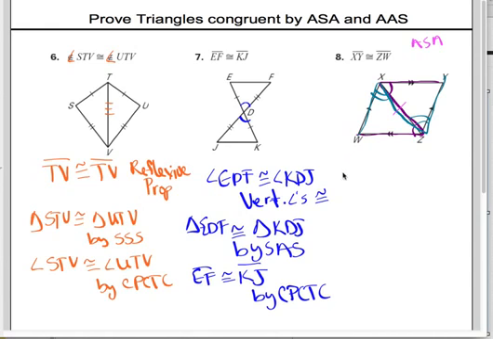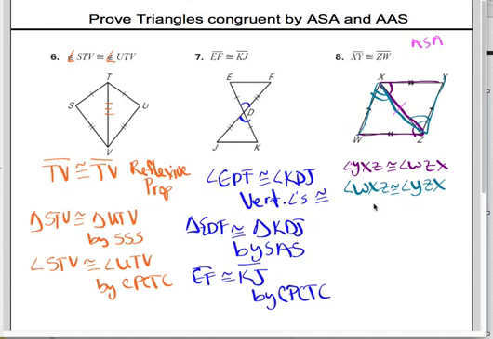So I'm going to start by naming the angles. Angle YXZ is congruent to angle WZX. And I'm going to list both of these because the reason is the same. WXZ congruent to angle YZX.